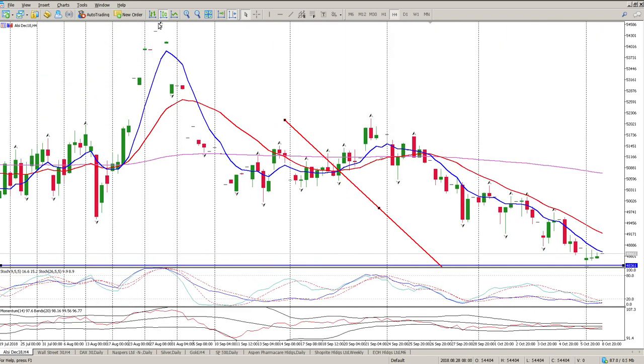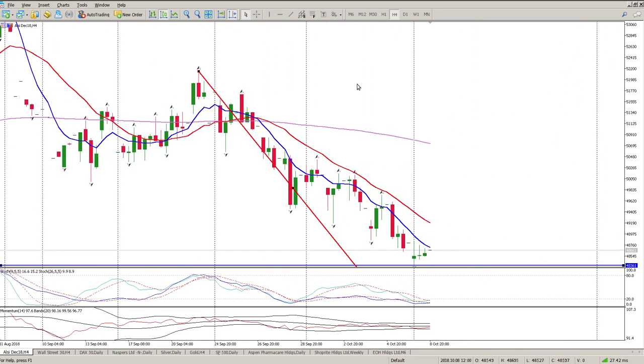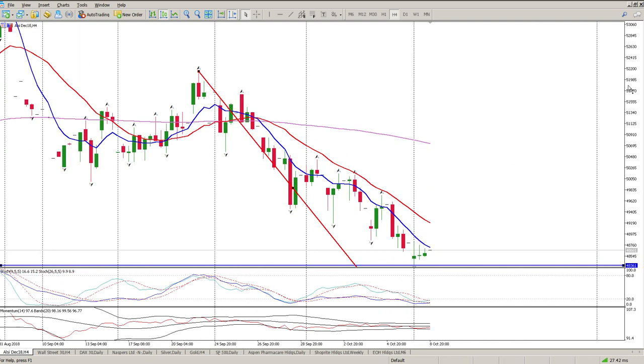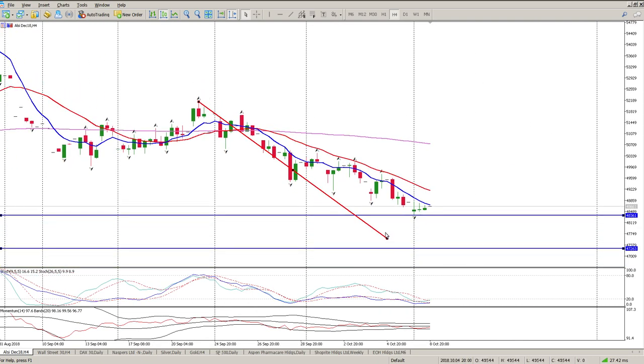So this moved down, we then consolidated, and obviously what happens now is we move from the high, and we would expect a second move equal to this distance here. Okay, and you can see how that lines up very closely to 47,260.